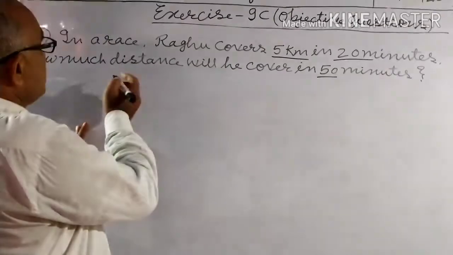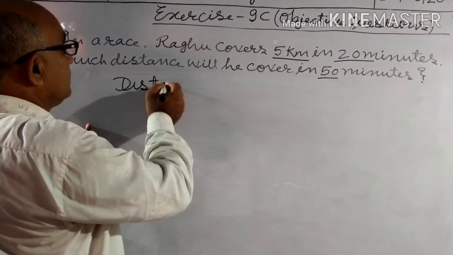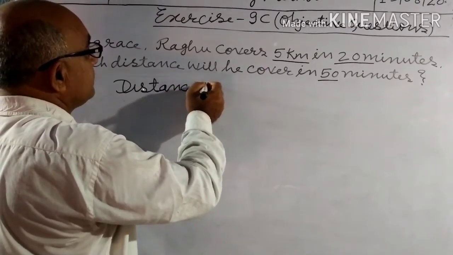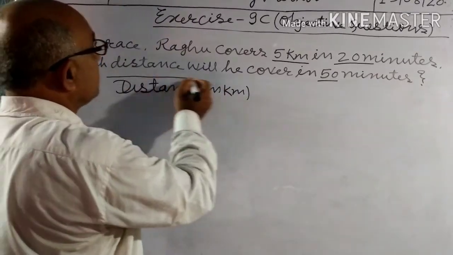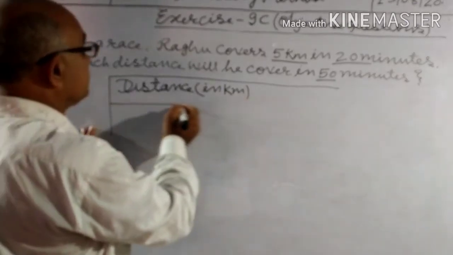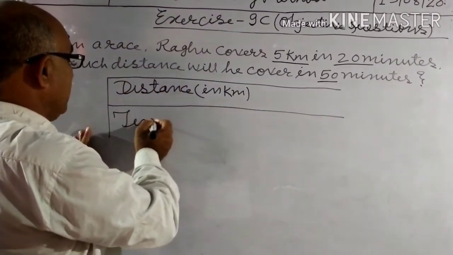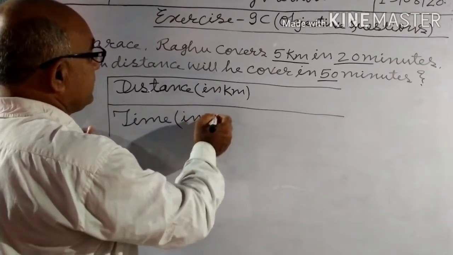So write in the first column, distance in kilometer, and in the second column, time in minute.